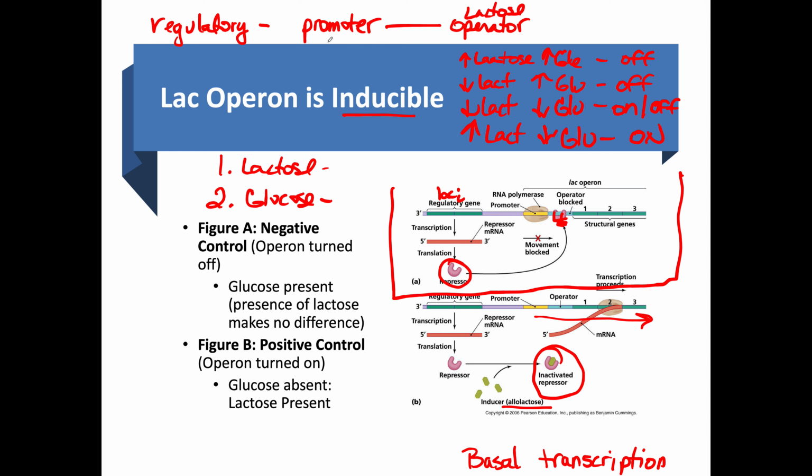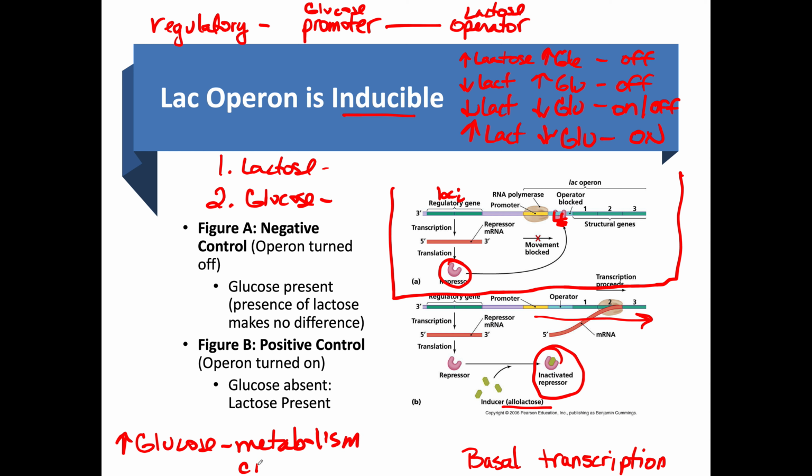But the promoter is regulated by the absence or presence of glucose. Now, when glucose metabolism is occurring, so let's write high glucose, the cell needs something called cyclic AMP or cAMP.